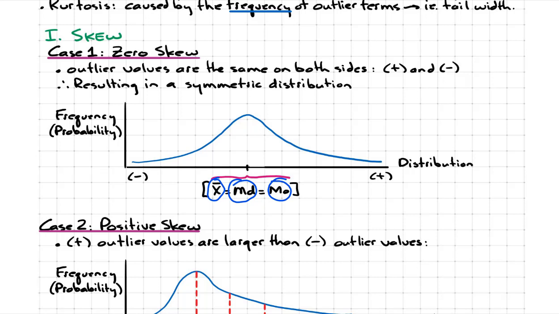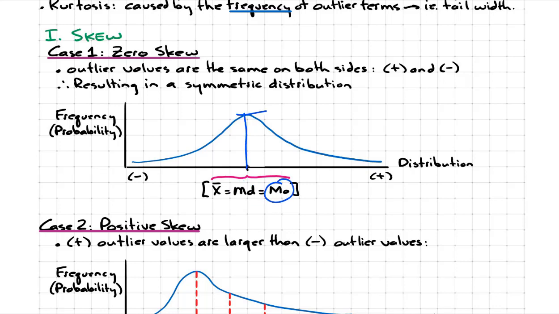From a previous module, we've seen what each measure of central tendency represents. The average looks at the average of all the values. The median just looks at the value of the middle observation, and the mode is the observation that occurs the most number of times.